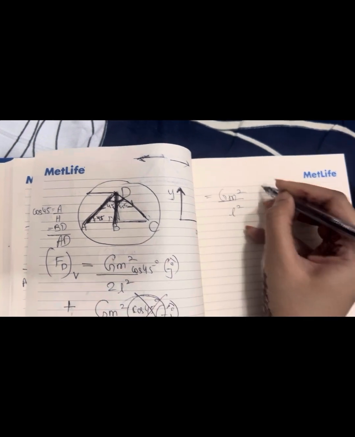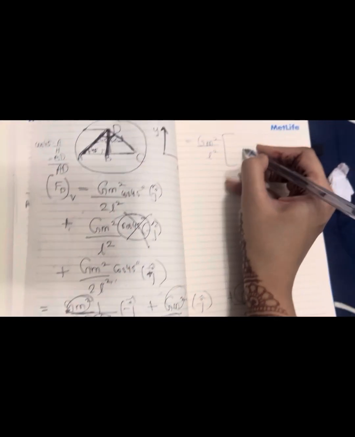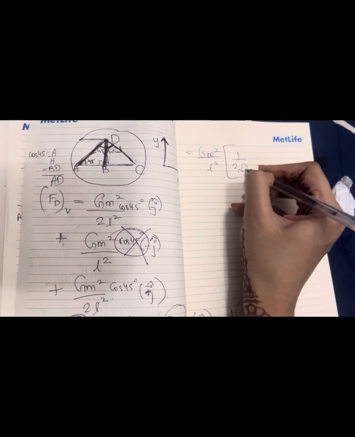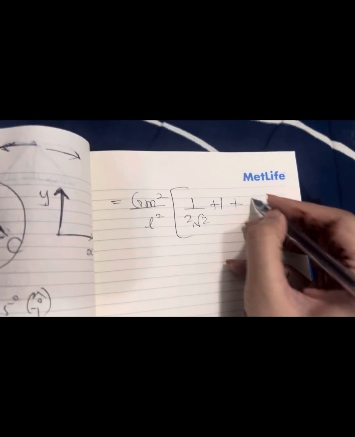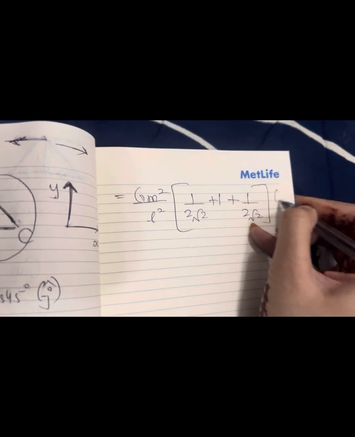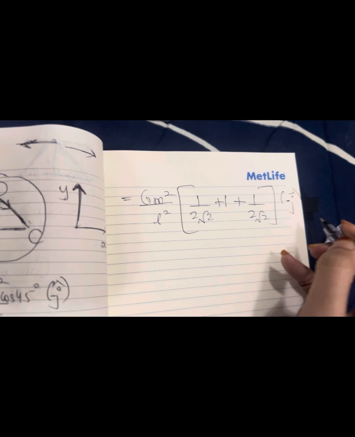Gm square over L square. What is inside the bracket? 1 upon 2 root 2, plus 1 from here, plus 1 upon 2 root 2, and outside the bracket it will be minus j.